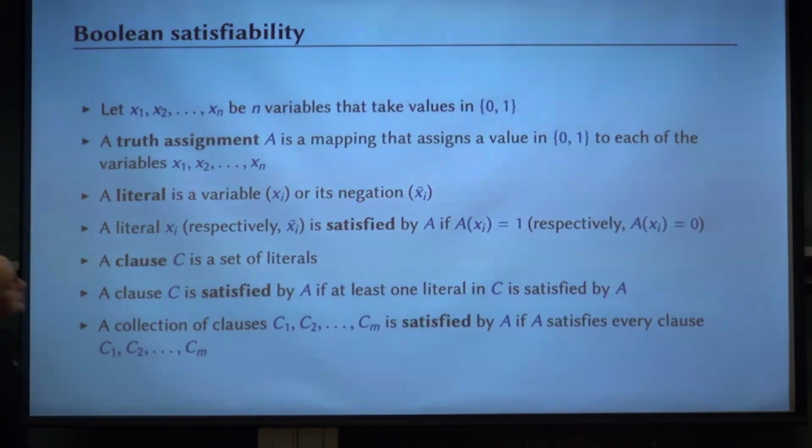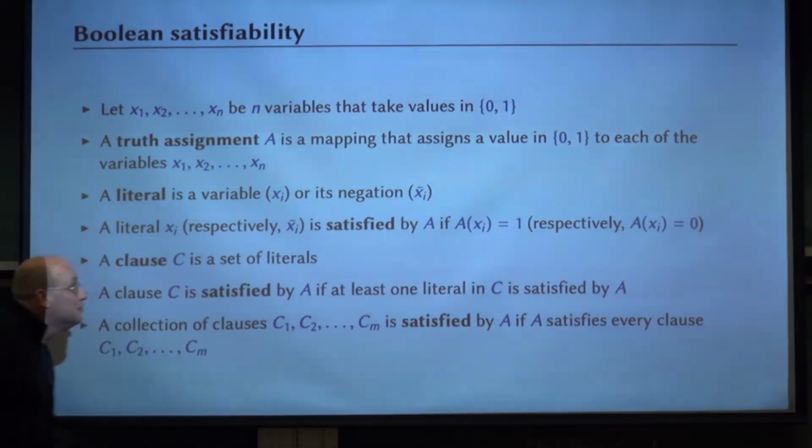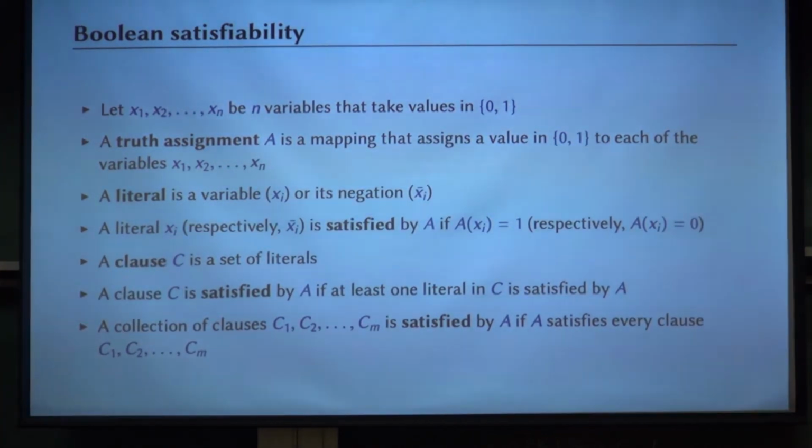So what is a truth assignment? It's a mapping that assigns a value, false or true, to each of our variables. What is a literal if we start building an instance? It's a variable or its negation, and notationally the little bar indicates the variable negated.